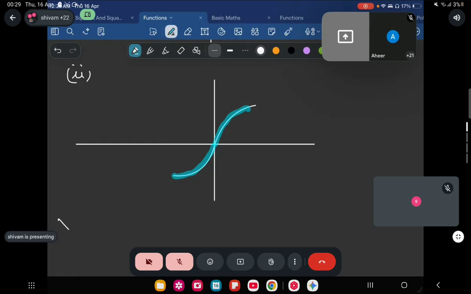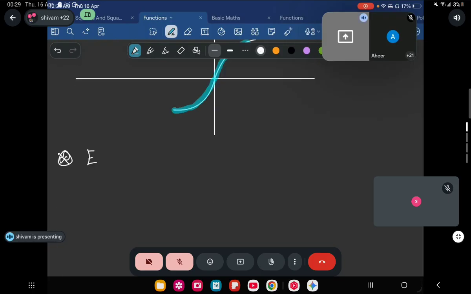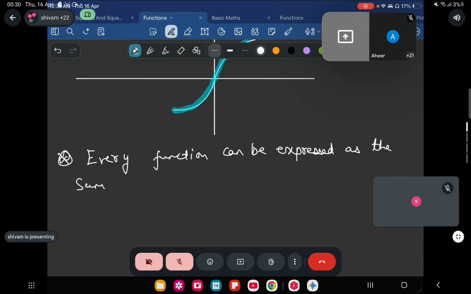Next, every function, whether it is odd or even, it doesn't matter, can be expressed as the sum of an even function and an odd function.